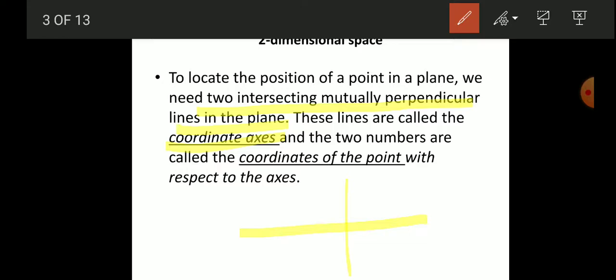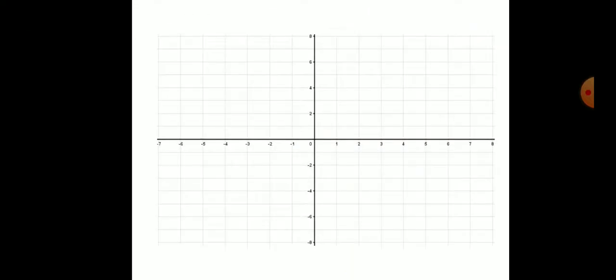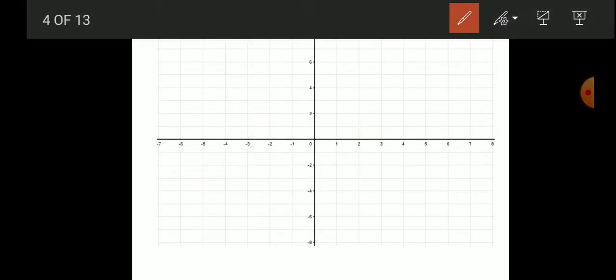Now let us see how we can do this. Here are the axis. This is x-axis, x and x dash. This is the negative of x, and this is y and y dash.